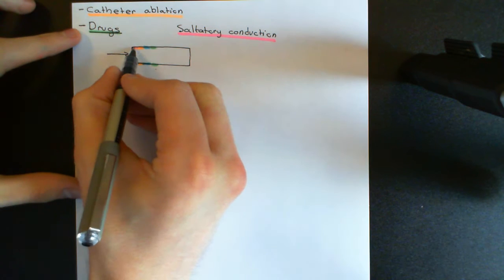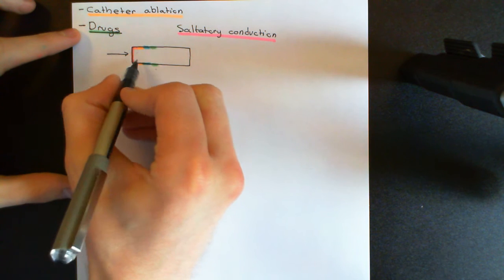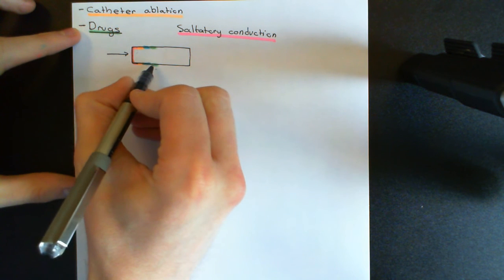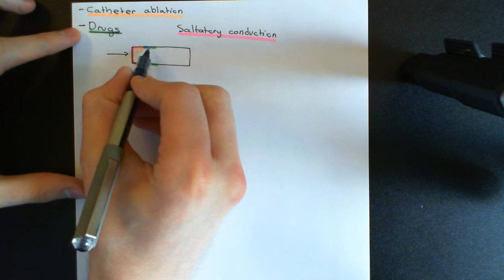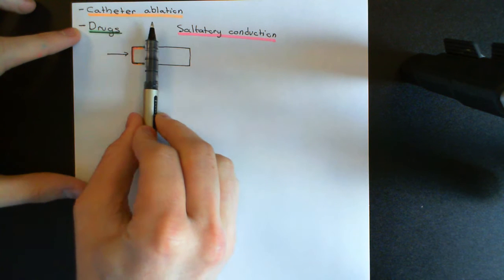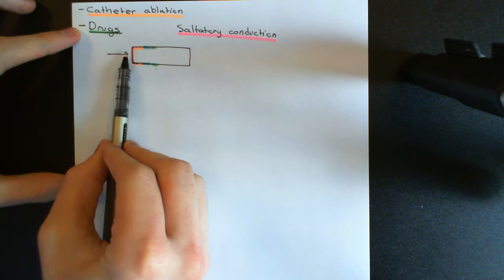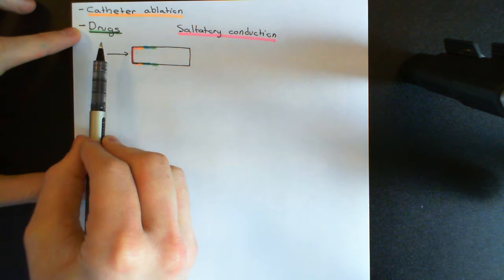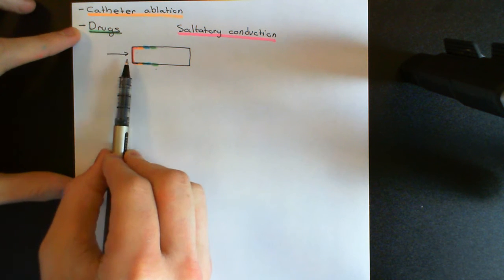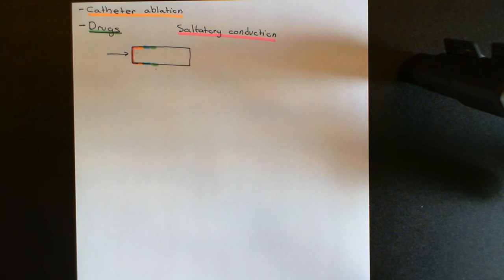Well, if we were to slow the conduction of the action potential along the atrioventricular node cardiomyocytes, then obviously it would take longer for the action potential to get far enough away from this initial portion of the membrane that the initial portion has recovered and can now be stimulated to undergo another action potential.